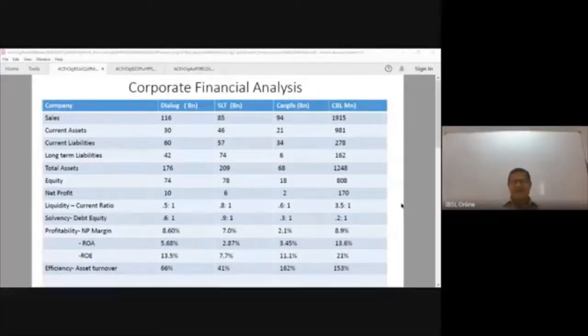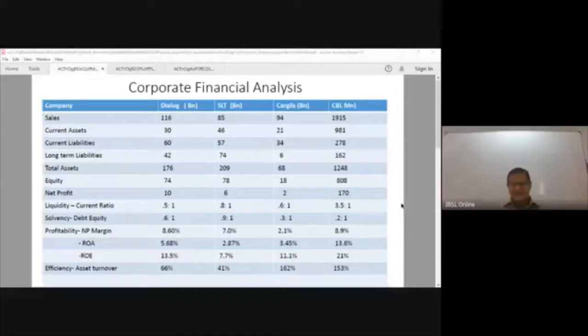And generally Cargill also takes suppliers' credit to the maximum, and compared to current assets, they also have larger current liabilities because the suppliers are not being paid for some time. Maybe they will have 90 days credit from their suppliers.